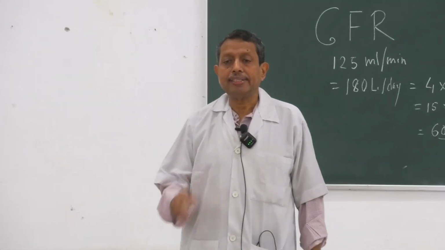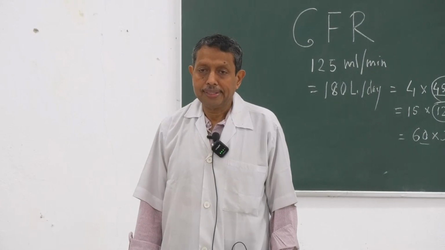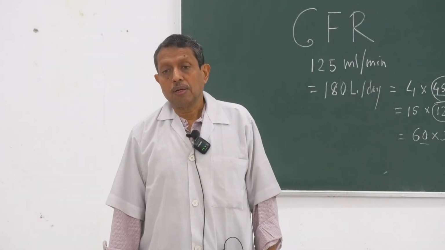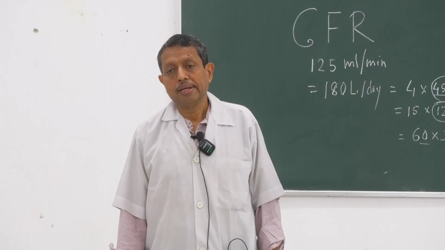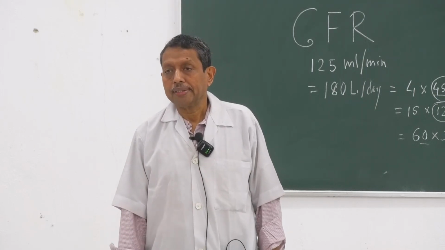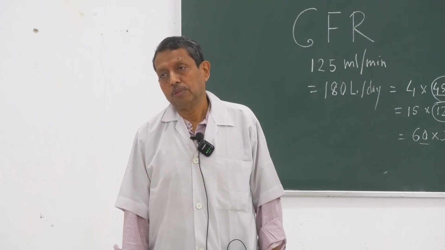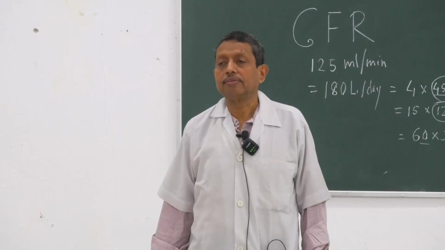Inulin is a polysaccharide of molecular weight 5200. It is a polymer of fructose found in Dahlia tubers, and it is freely filtered, neither secreted nor reabsorbed, and its clearance is the gold standard.